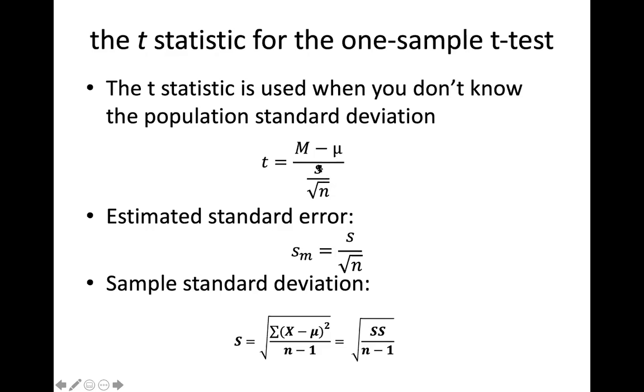So in this equation, we're no longer using the population standard deviation. You use the t statistic when you don't know the population standard deviation. So instead you use this thing, S, which is the sample standard deviation. I have the equation right here. You've seen this equation; you've made calculations using the population standard deviation equation, which is identical to this equation right here.